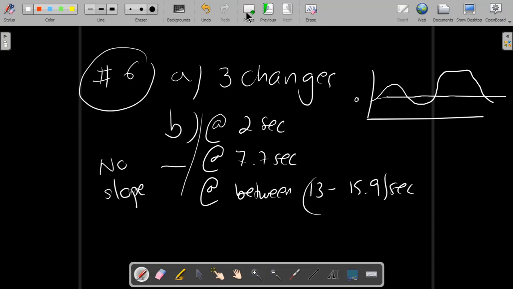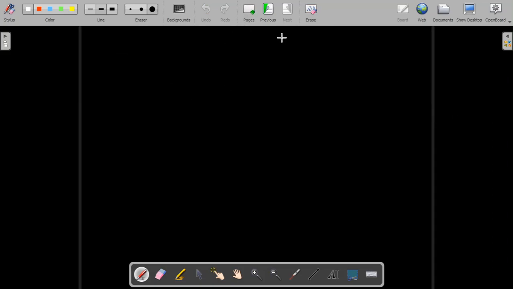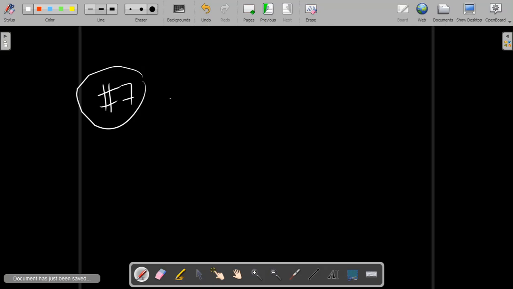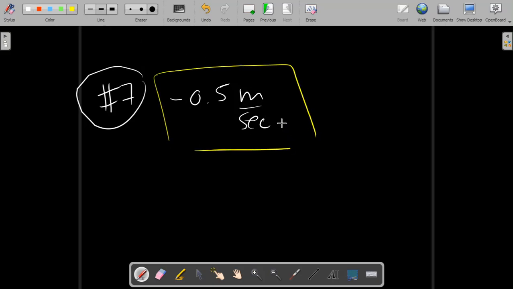Let's look at number 7. For extra practice number 7, they wanted the instantaneous velocity at 5 seconds. If that's your answer, you got it correctly, and you're done. You can move on.